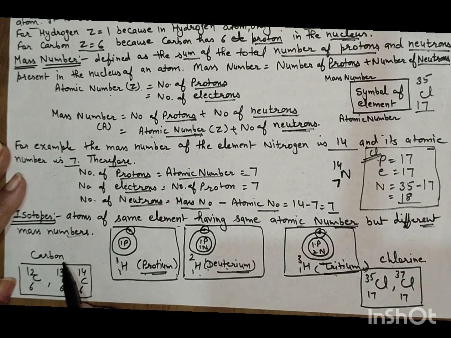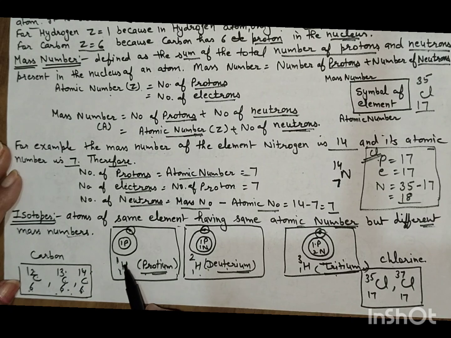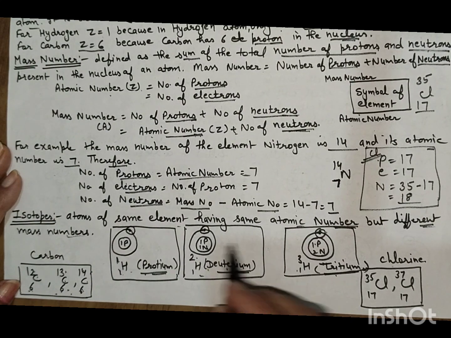Other examples are carbon: C-12, C-13, C-14. These are the isotopes of carbon having the same atomic number but different mass number. In hydrogen also, the atomic number is the same but the mass number is different.